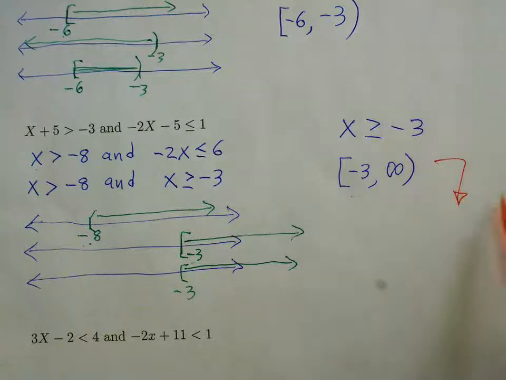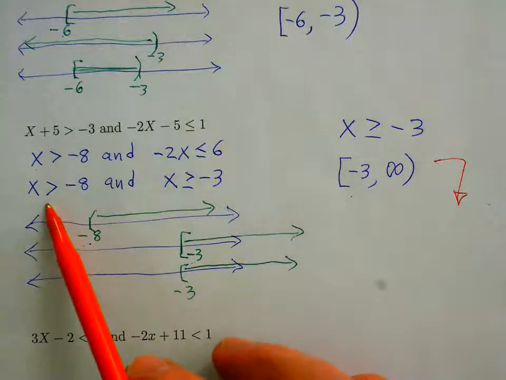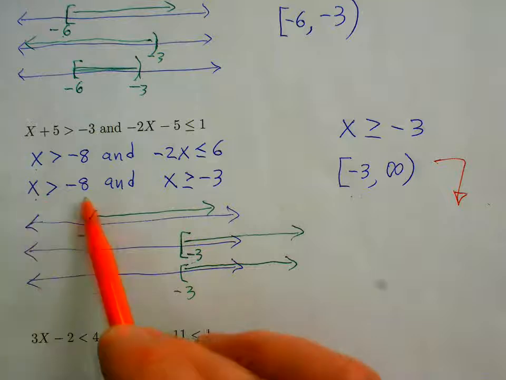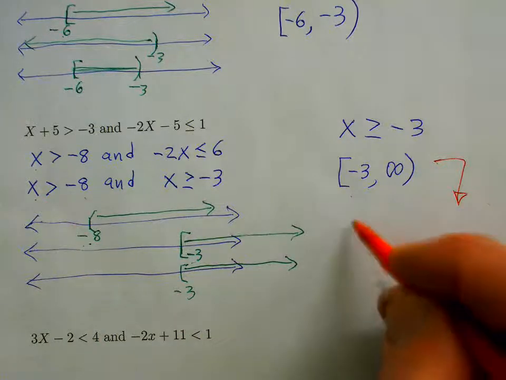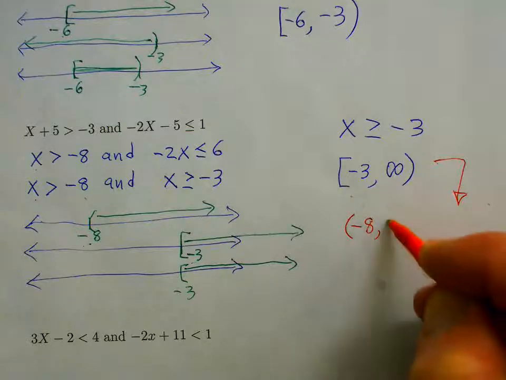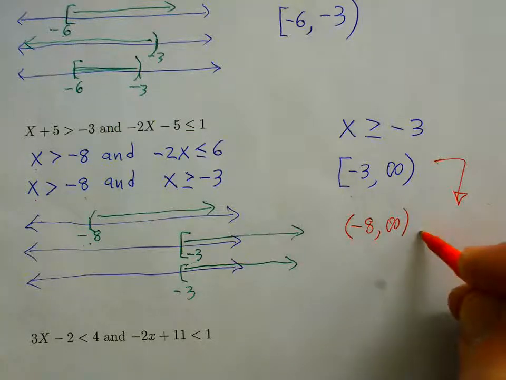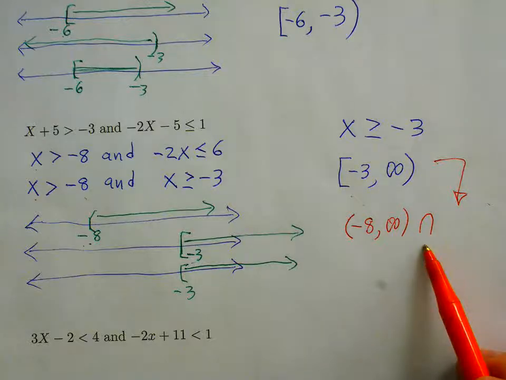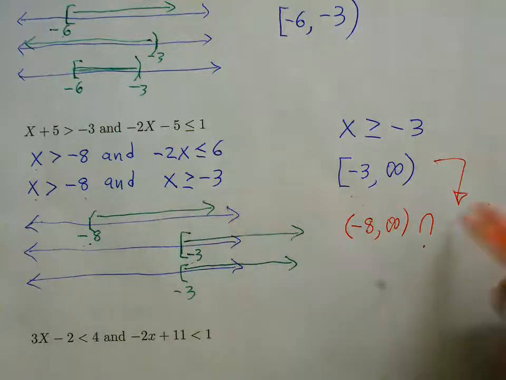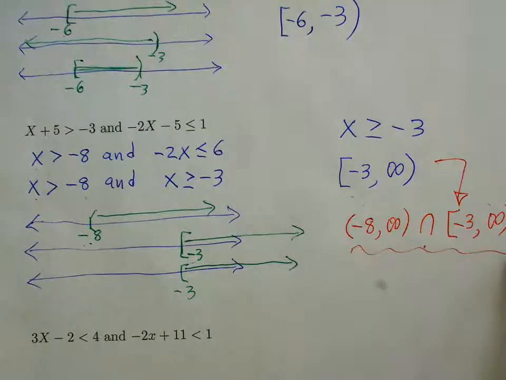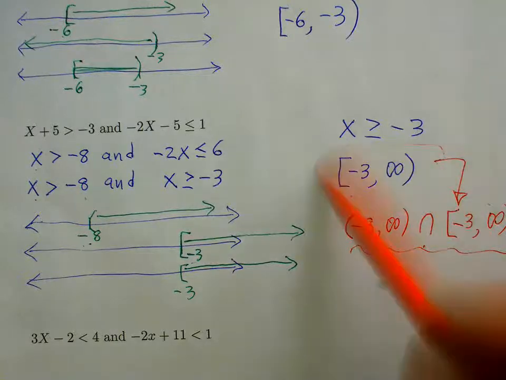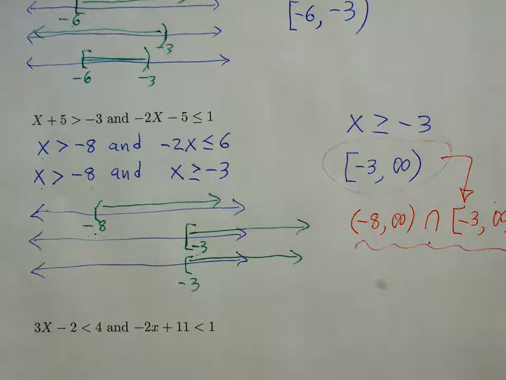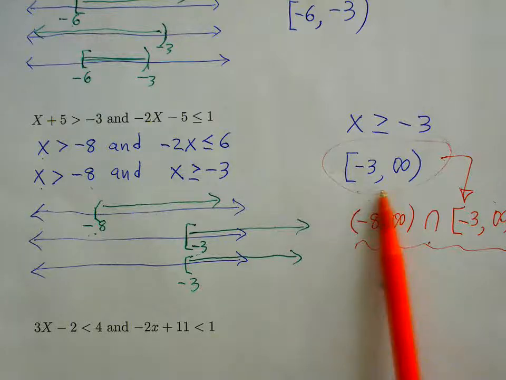But it's equivalent to x greater than negative 8, that's parenthesis negative 8, comma, infinity. The intersect or overlap, x greater than or equal to negative 3, is bracket negative 3, comma, infinity. But we'll want to write it more compactly: bracket negative 3, comma, infinity.